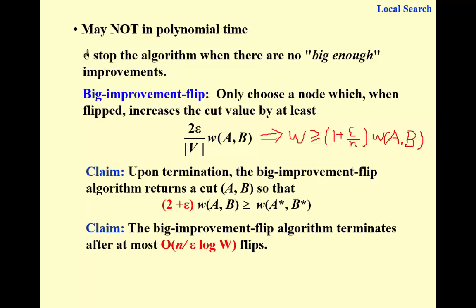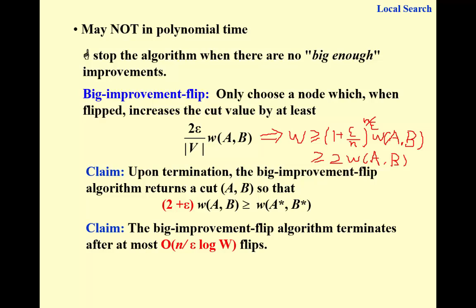Okay, so it's 1 plus epsilon over n times this W of A and B. So this is after one flip. After flipping it for n over epsilon times, the total weight will be what? Greater than or equal to this one to the power of n over epsilon, right? And we say that this is greater than or equal to 2.